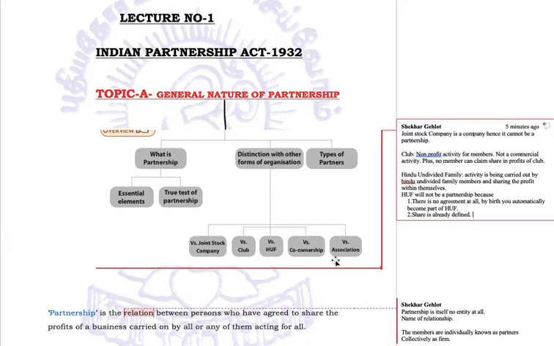Co-ownership, we have discussed. Simply co-ownership, without an intention to carry on a commercial activity and share profits. Like we discussed, a case of two brothers who succeeded their father, and the father left some property. Simply co-ownership will not be a partnership.